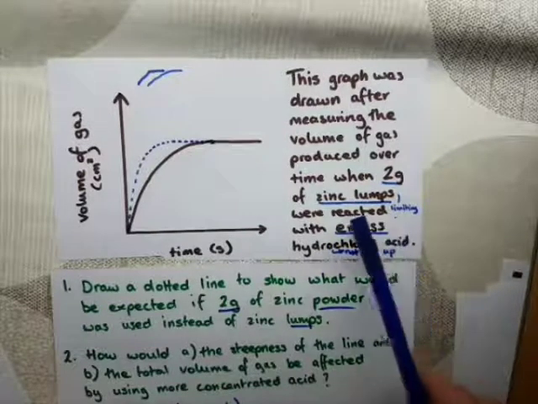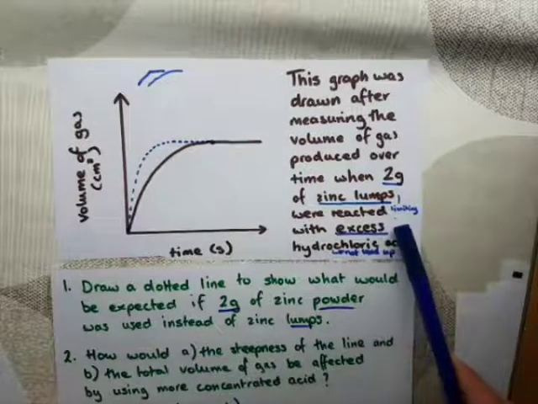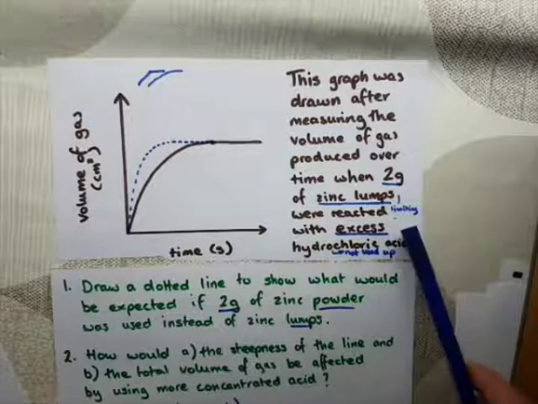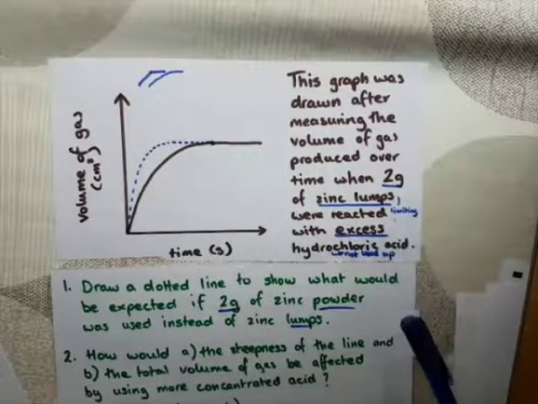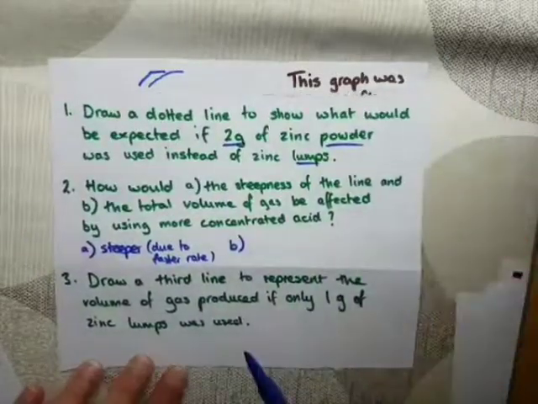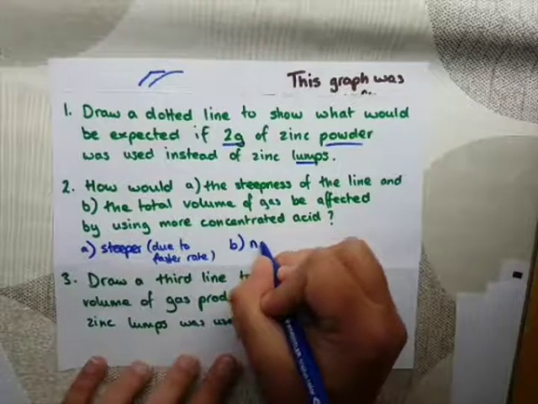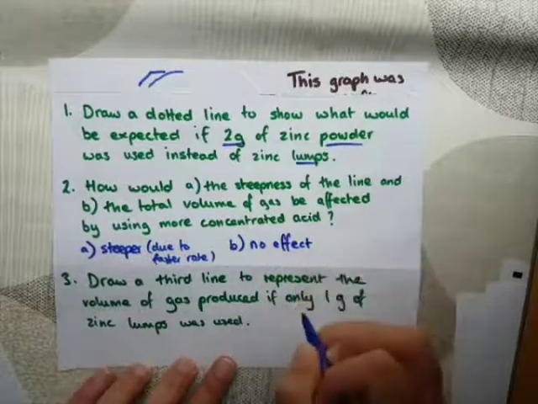So the fact that the acid was in excess tells us that there was already more of it than we needed. It's a bit like the oxygen in the air when we're burning something. It's never going to get used up. So using a more concentrated version, using more of it, isn't going to affect the total amount of product produced. So there would be no effect on the total volume of gas produced.